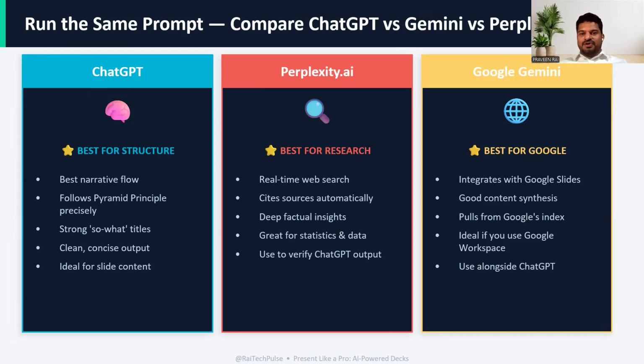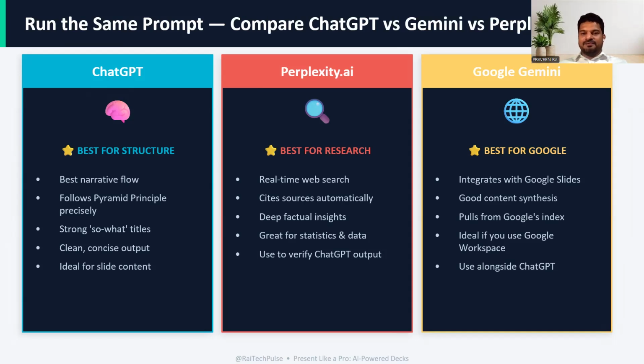So the top recommendation for this structure, why? Because it follows the pyramid principle precisely. It writes the title as an executive insight, not just labels, the narrative flows cleanly and the output is concise. If you are building a pitch deck for the CEO, ChatGPT gives the best starting point. Perplexity AI is best for research, as I mentioned.